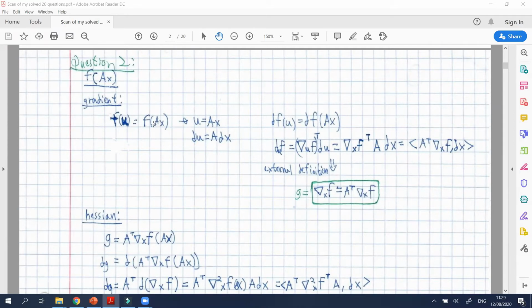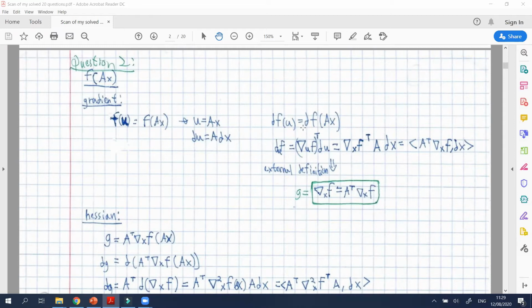just a second ago. We define u to be Ax, so du would be A dx. So the differential of f(u) is equal to the differential of f(Ax), since it's an equality we've just seen. So the differential would also be an equality.